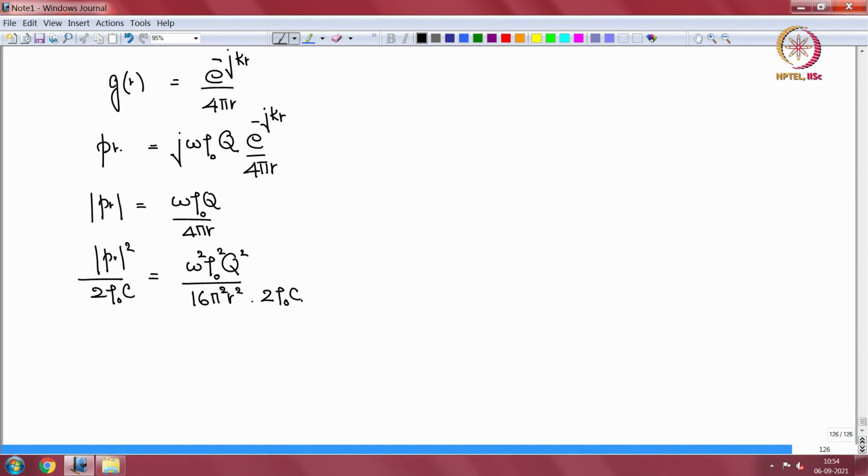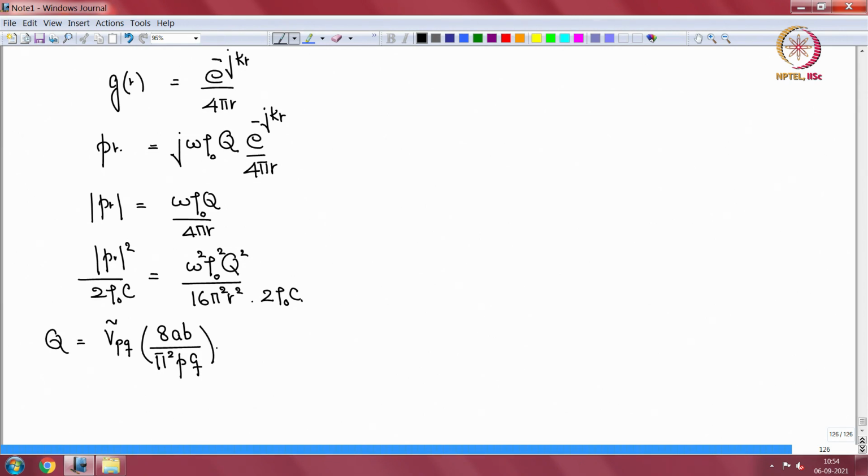Okay. Now q we just found out was V tilde PQ into 8ab by pi square pq.